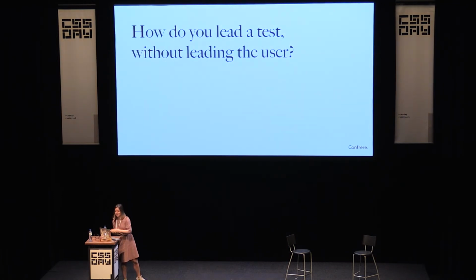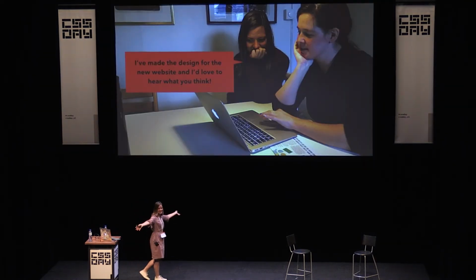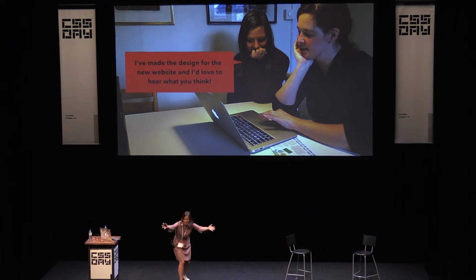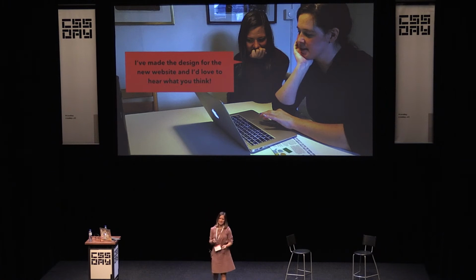So here are some suggestions for things not to say and things you can say instead. So first off, I made the design for the new website, and I'd love to hear what you think. Two things. First of all, it's all about me. So I'm going to be really sad if you don't like it. And the second one is that I would love to hear what you think.